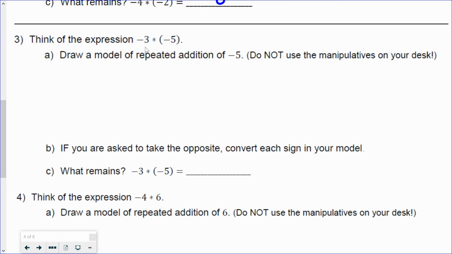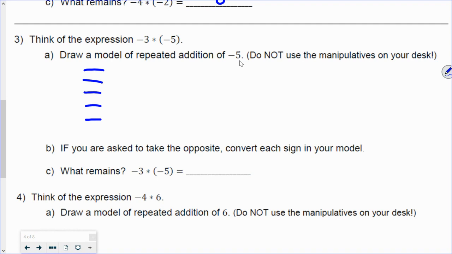All right, so now here we have, what is -3 times -5? If we draw a model of repeated addition of -5, if we have 3 groups of -5, that's what we want to draw. If you do them all in a straight line, going vertically, 1, 2, 3, 4, 5, we want 3 of those.